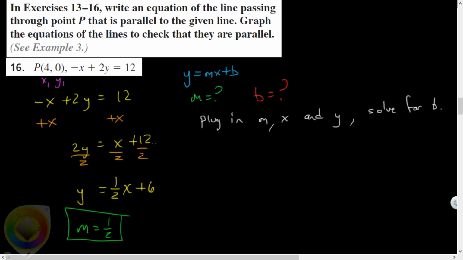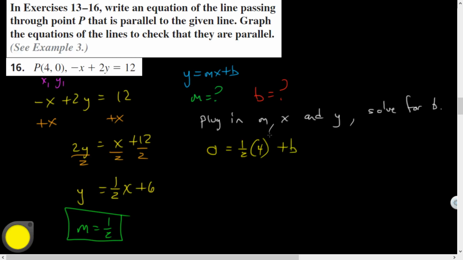So let's do that. So y equals mx plus b, I'm going to have 0 equals 1/2 times my temporary x value here plus b. If I want to solve this now, because I've plugged in what I know, I'm solving for what I don't. What's half of 4? 2.